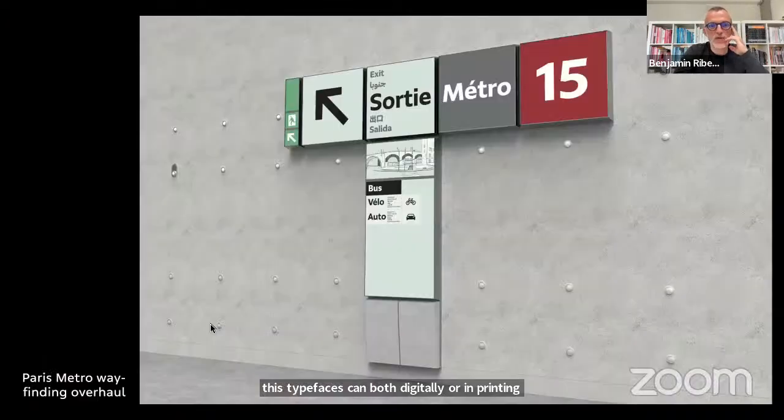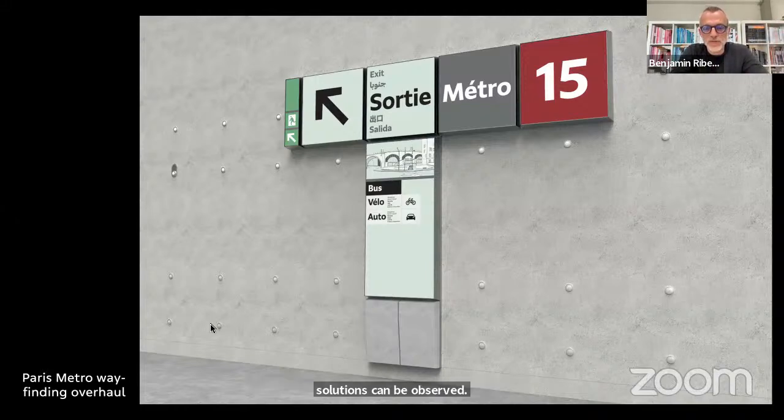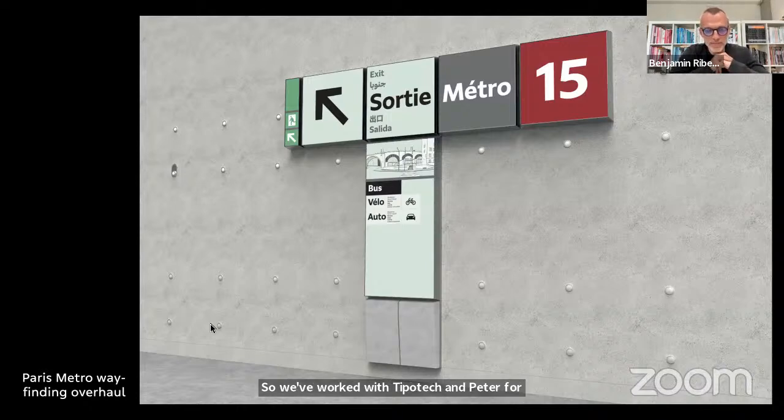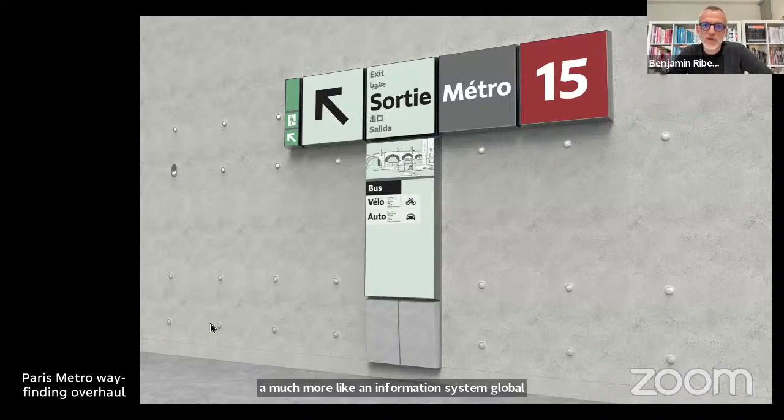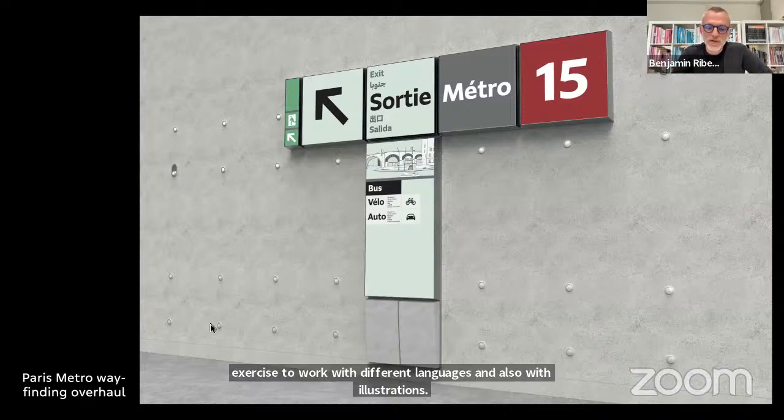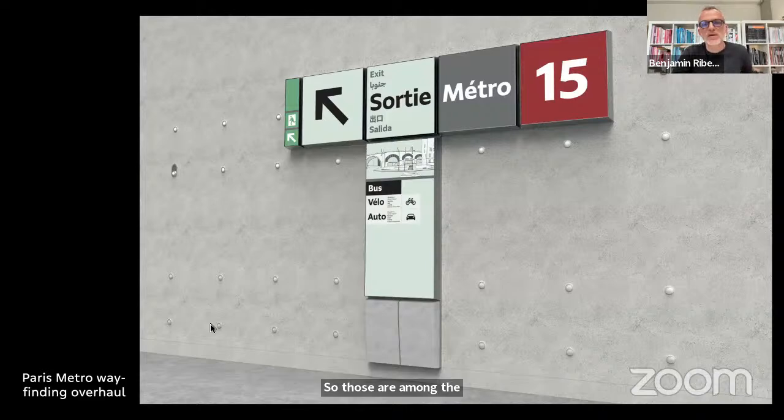We've worked with Typotheque and Peter for the Vienna airport, but also for the Grand Paris Express, a global information system about new subway lines which are opening right now in Paris. It was a typographically interesting exercise to work with different languages and also with illustrations.